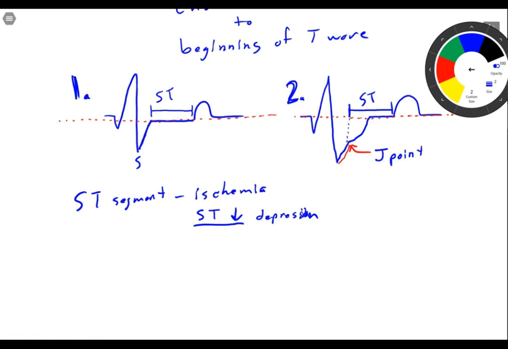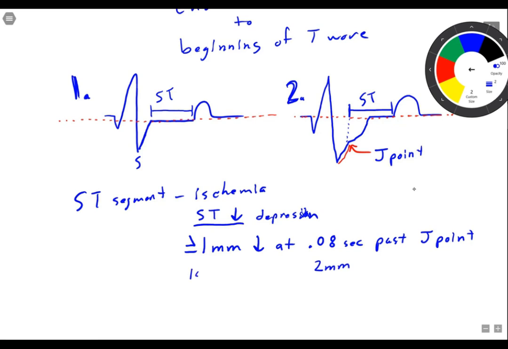The criteria for that is, you need greater than or equal to 1 millimeter of depression at 0.08 seconds past the J point. So what does that mean? 0.08 seconds happens to be 2 small boxes, or 2 millimeters. So this would be 1 small box, and this one would be 2 small boxes.